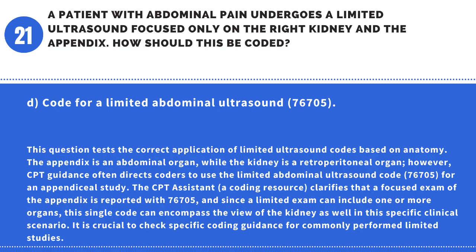The CPT Assistant, a coding resource, clarifies that a focused exam of the appendix is reported with 76705, and since a limited exam can include one or more organs, this single code can encompass the view of the kidney as well in this specific clinical scenario. It is crucial to check specific coding guidance for commonly performed limited studies.